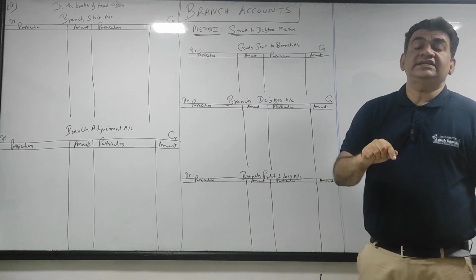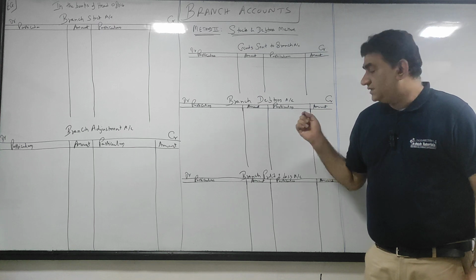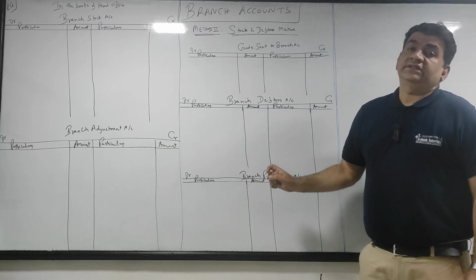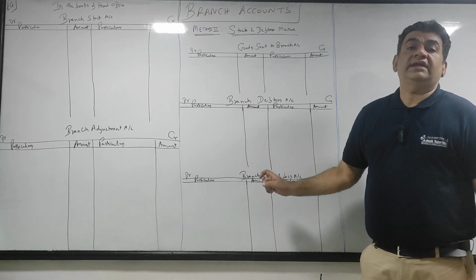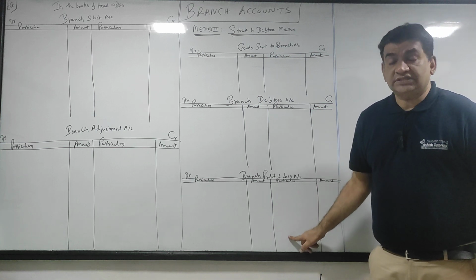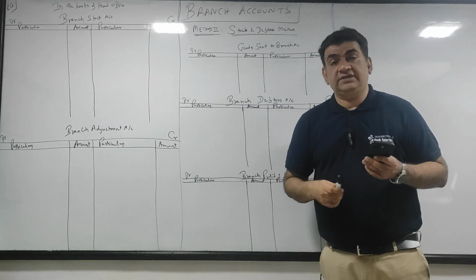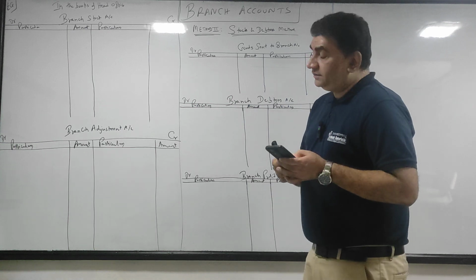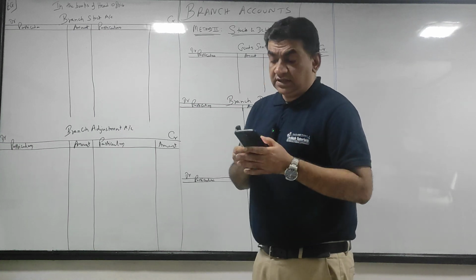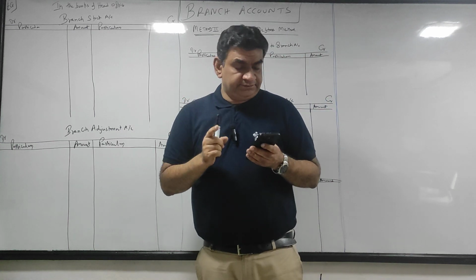Debtors, if you see, there is information for debtors. And the last one, this has to be made, branch profit and loss. If there is anything extra, they will mention it in the question. Got it? Chalo. Now, let's start step by step.